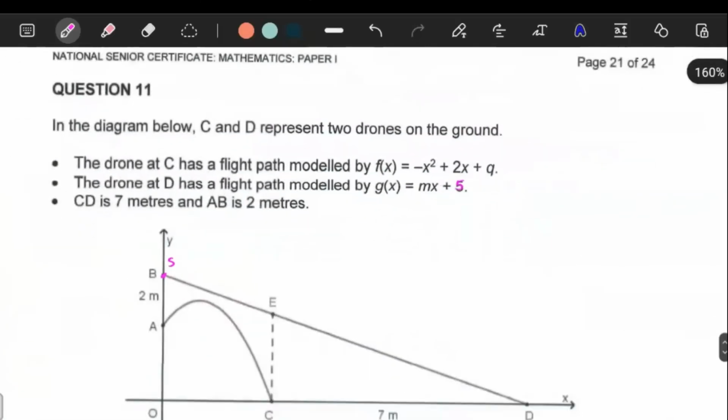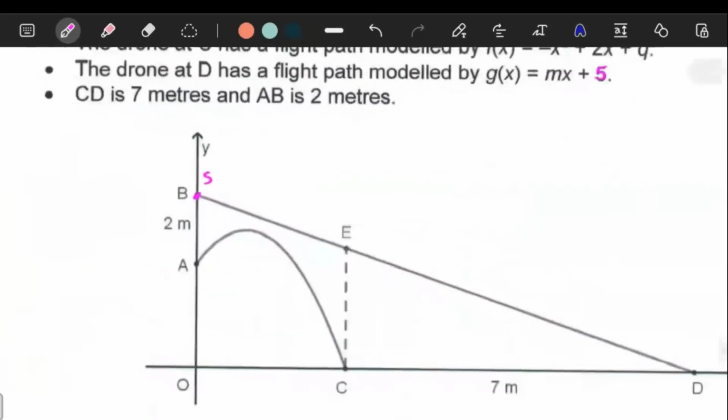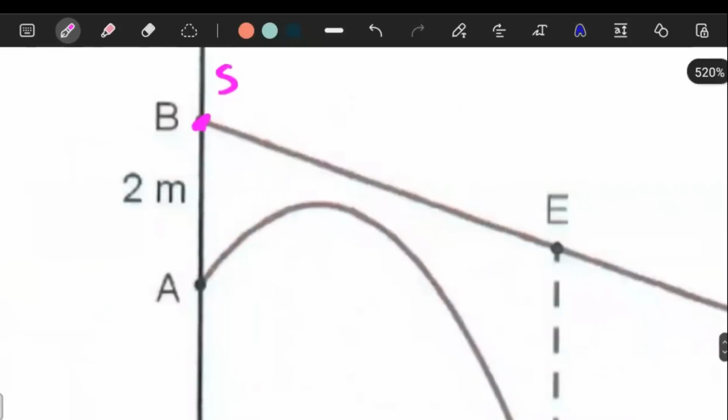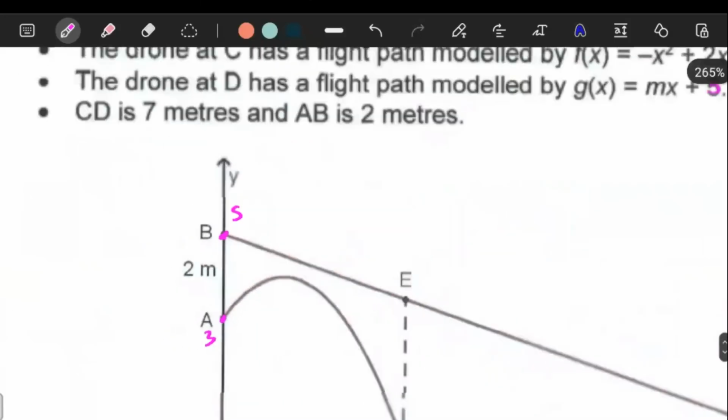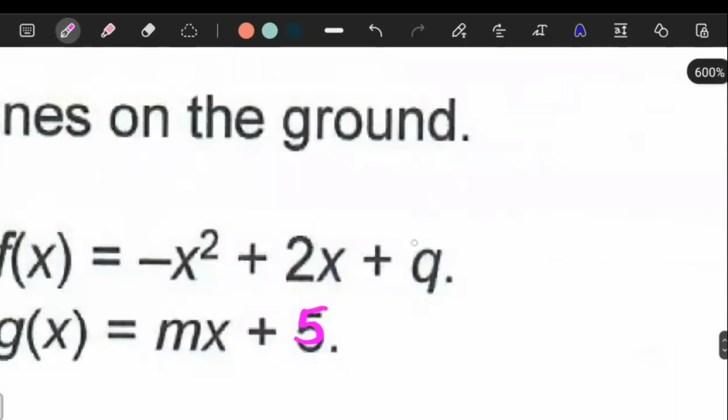And then they say here, CD is 7 meters apart, and then AB is 2 meters apart. So if this is 5 and this is 2 down, it means this has to be a 3. Again, this is a y-intercept, so automatically this has to be a 3 also.